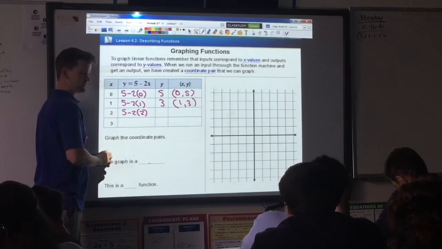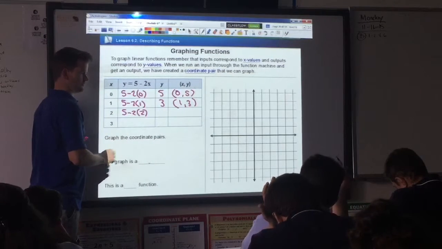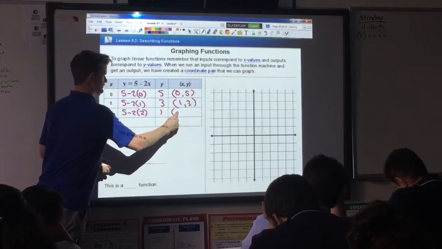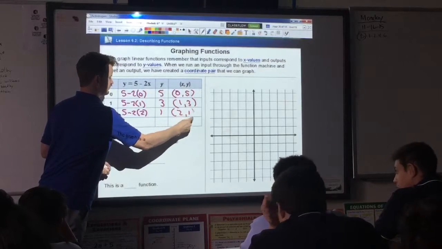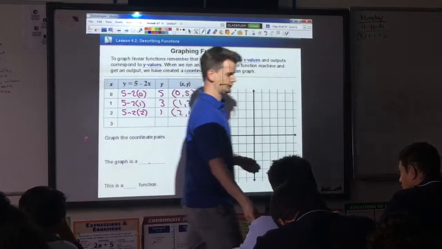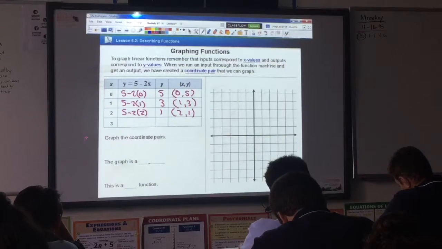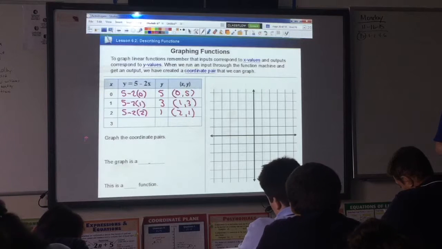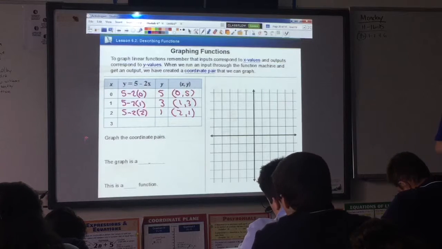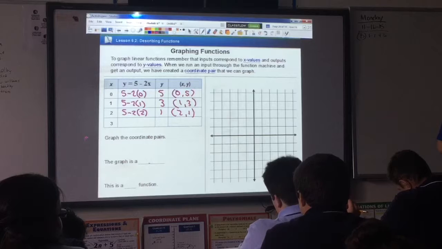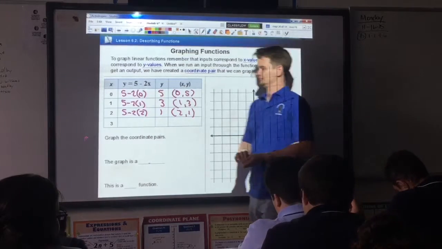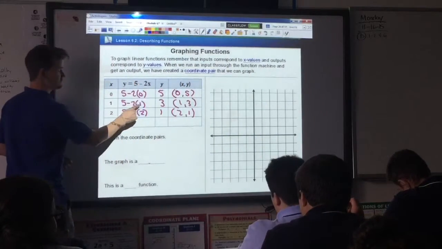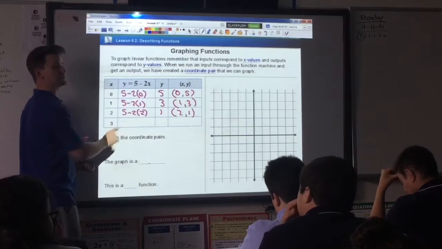And then what's 5 minus 4? 1. So when we substitute in 2, we get 1 on the other side. Negative 2 times 1 is negative 2, and negative 2 times 2 is negative 4.